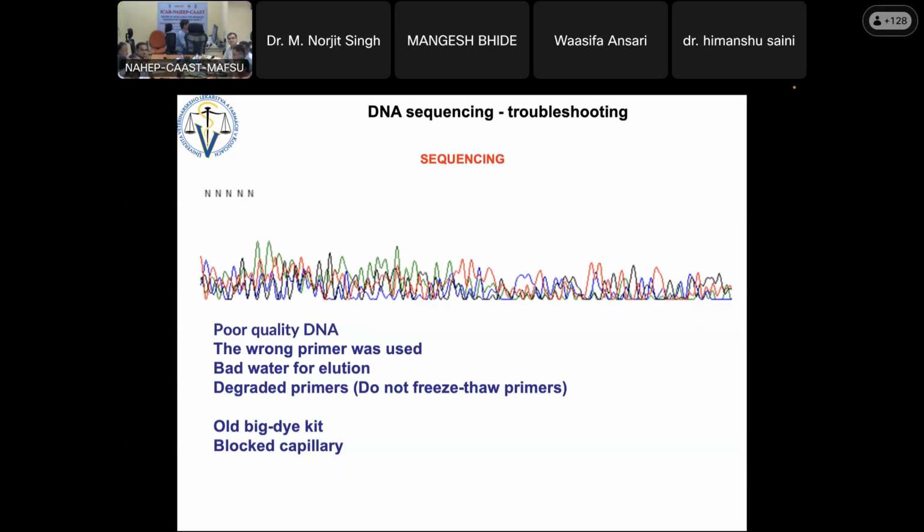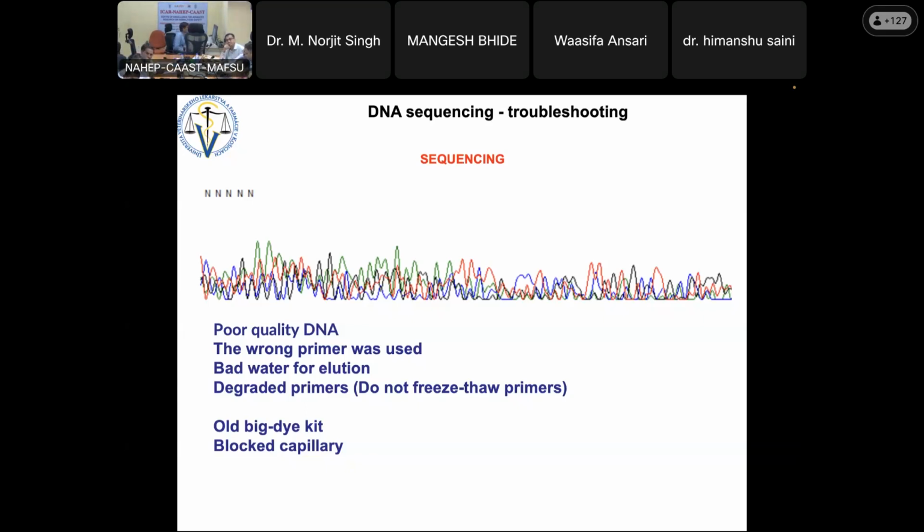Okay, and what is the capacity of that capillary? How many microliters of gel? Because there should be some gel through which the DNA is passing. How many microliters could be in one capillary? Can you guess? Only 2 microliters of gel in one capillary.